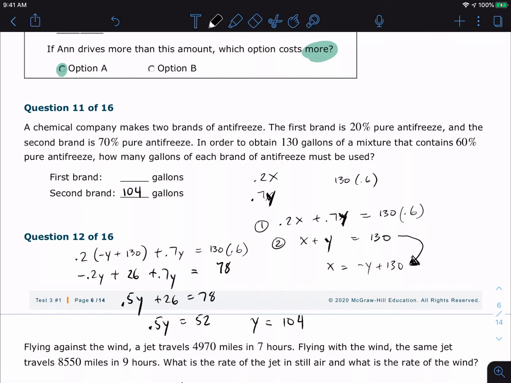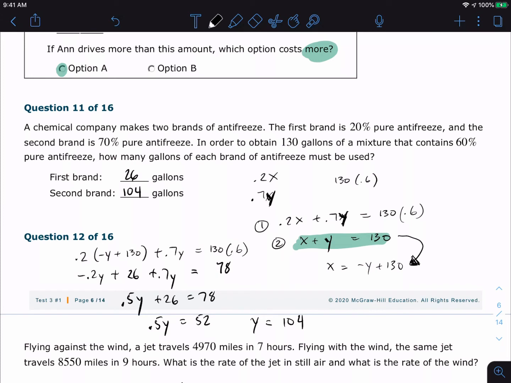So how many more gallons do I need to get to 130? What do you guys think? If we look at this equation here, we know that y is 104, so that means I need 26 gallons of the first brand.